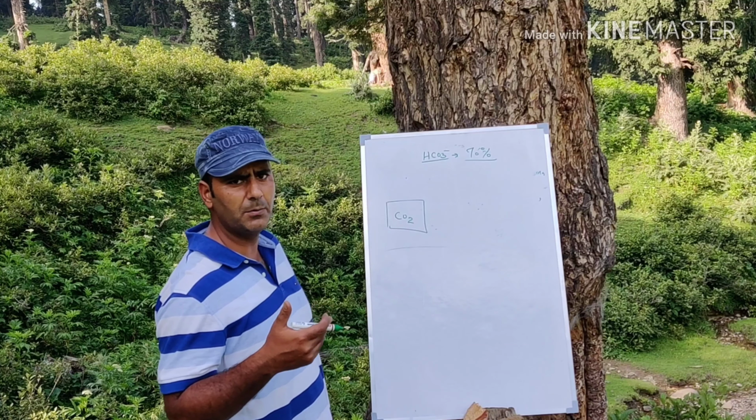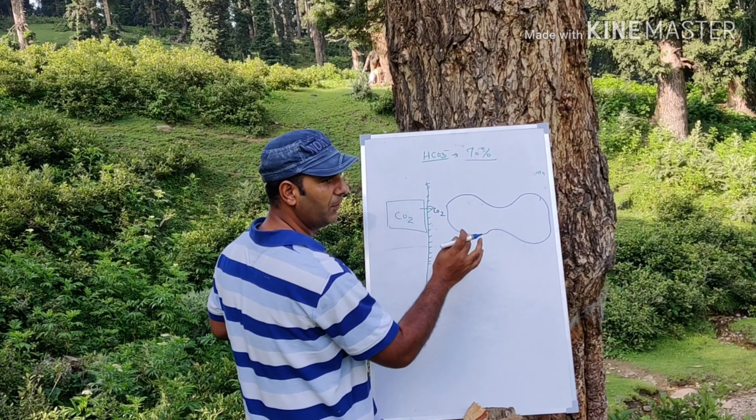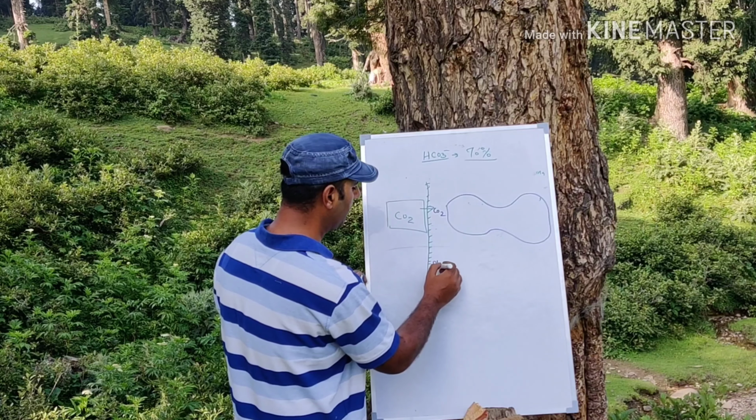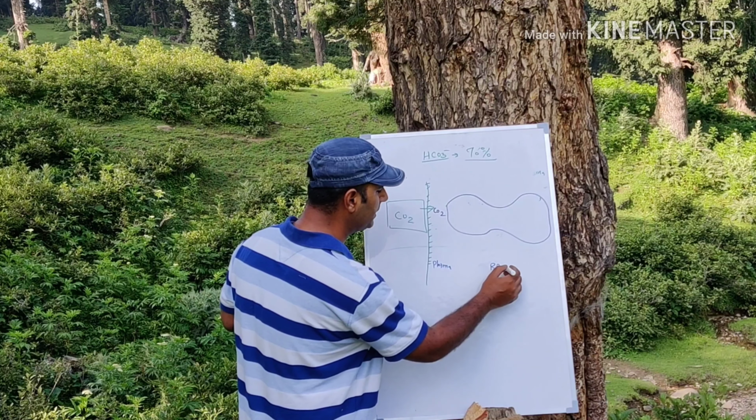And this carbon dioxide has to go into the capillary blood. Here we will be receiving the carbon dioxide. And in the blood we have RBCs and plasma. Blood is made up of plasma and RBCs.